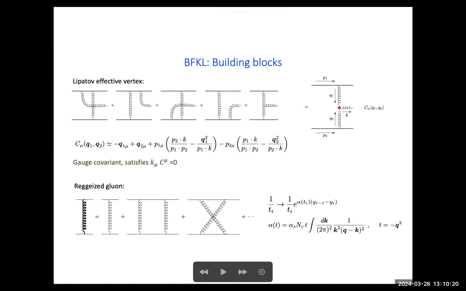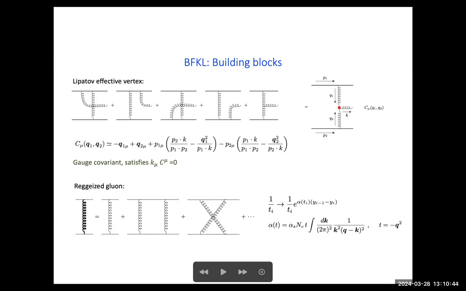In doing so, you're replacing the bare exchange of the propagator, which is 1 over t channel, with something that resums all of these contributions. Just at the next order, these loop contributions give you essentially this string tension here.